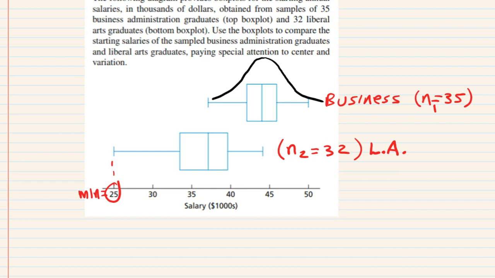Whereas for this one, remember, a longer whisker on the left means a longer tail in the distribution. Look at that. The distribution of salaries for liberal arts graduates is skewed to the left.